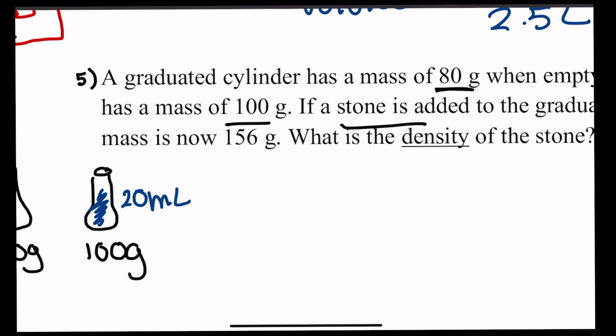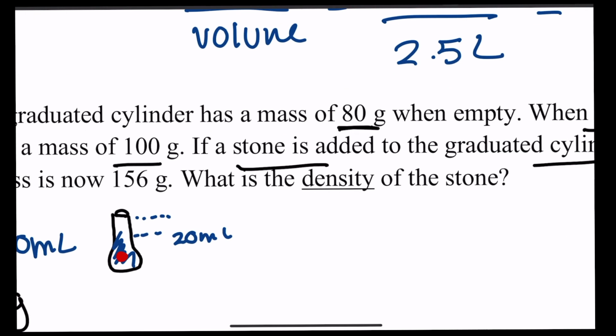So if I draw another one, put water here and we have a stone. So our water was initially 20 milliliters, but it moved up to, what was it? 45.